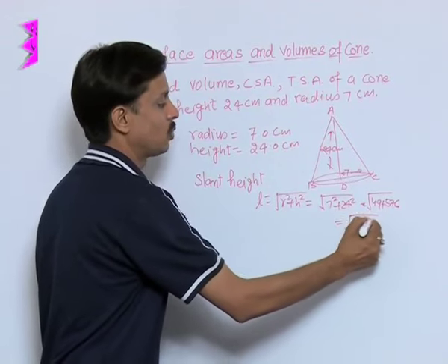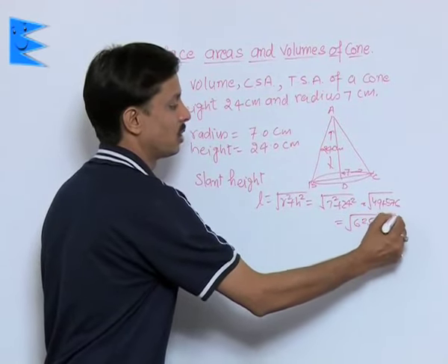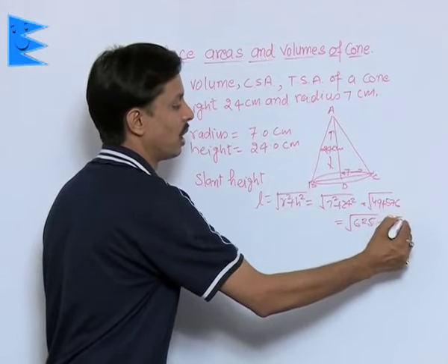This becomes 625 and its square root comes to be 25 centimeter. So we can say the slant height of this cone is 25 centimeter. Now we want to calculate its volume.